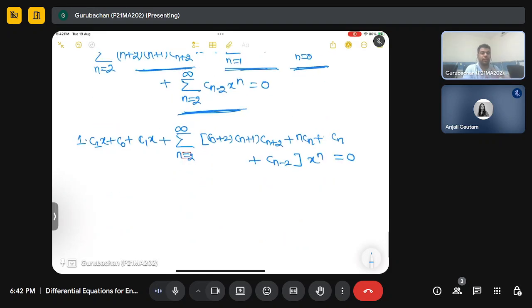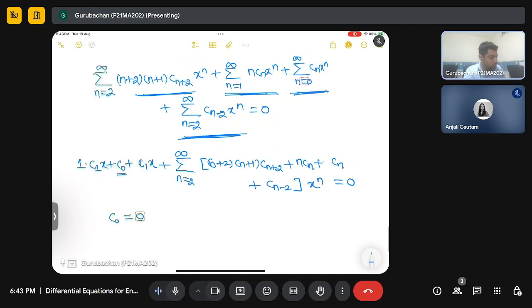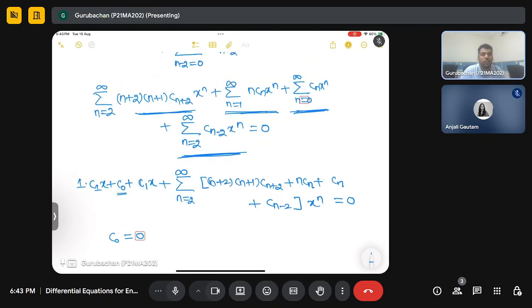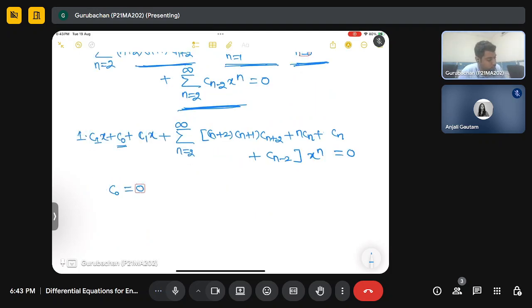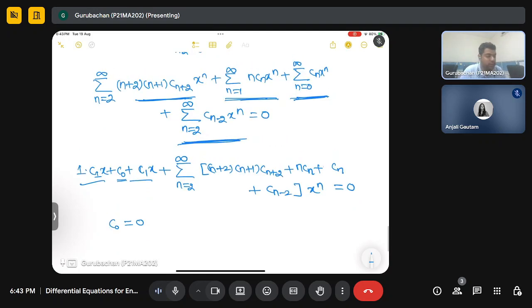So you have separated the terms and made a recurrence relation. If you compare the coefficients, this is some kind of constant, so C0 will be equal to 0. While this, if you observe this C1 specifically, this C1 x plus this C1 x is coming out to be 0.